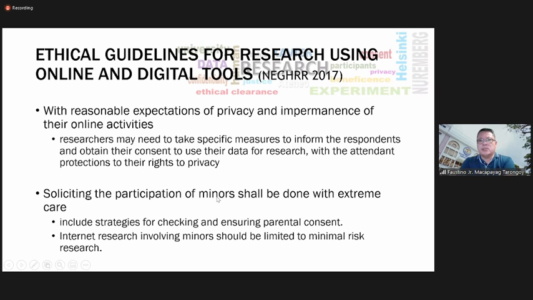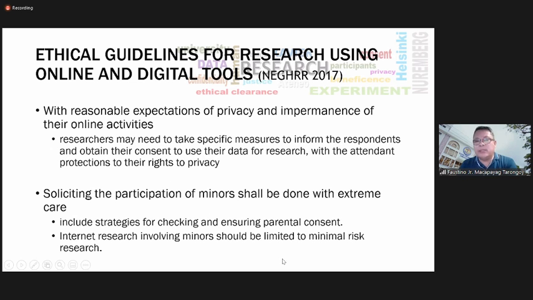Okay, so observe specific measures and inform the respondents that their data is going to be used for research and may be disclosed, but they will not be identified. Okay, their privacy will be protected.